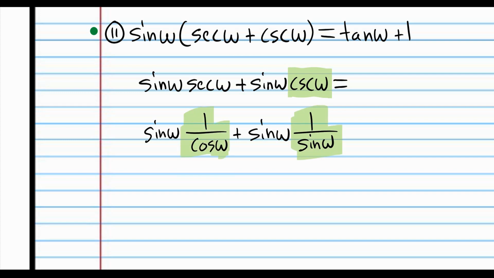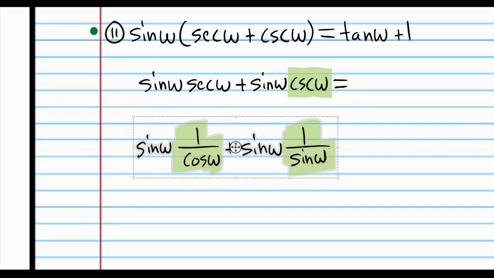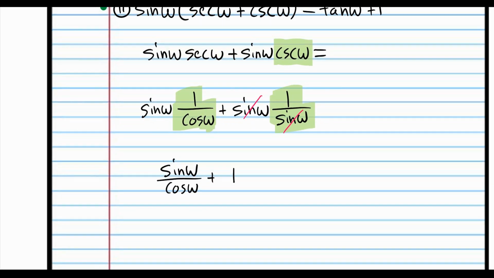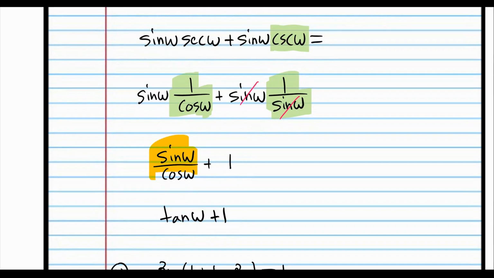So I used 2 reciprocal identities. Then I'm going to multiply these, and I get sine omega over cosine omega plus, well, these sines cancel out. If you want, you can write sine omega over sine omega, but it's really not necessary. You can just write 1. And sine omega over cosine omega is tangent omega. That's a ratio identity. And there we go.